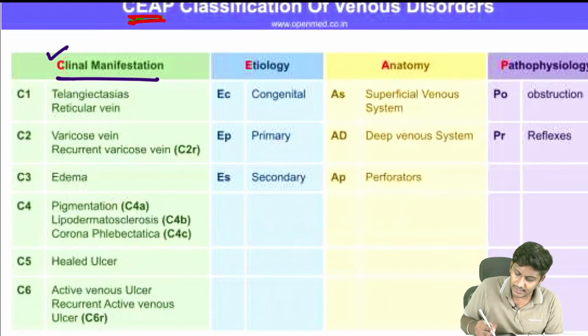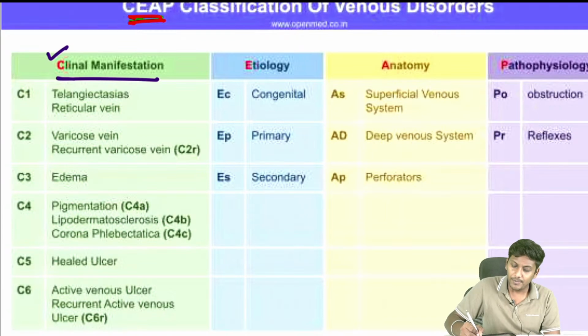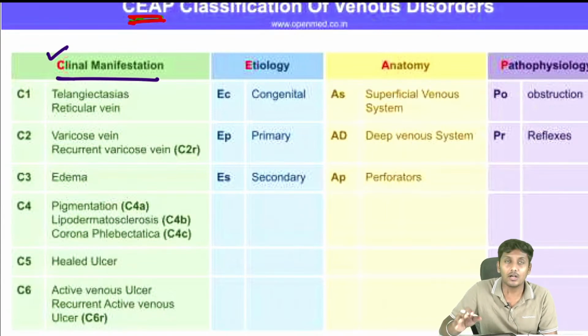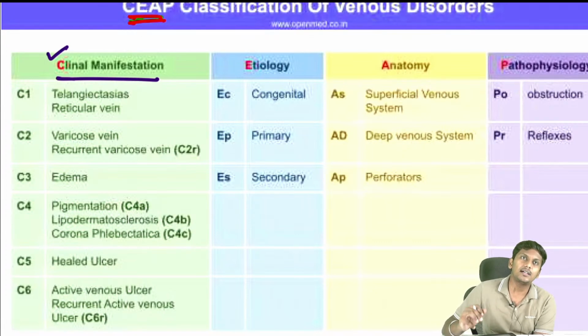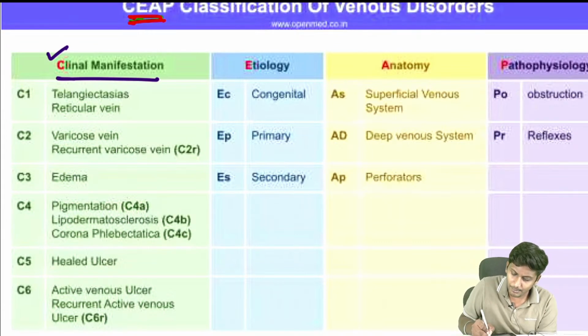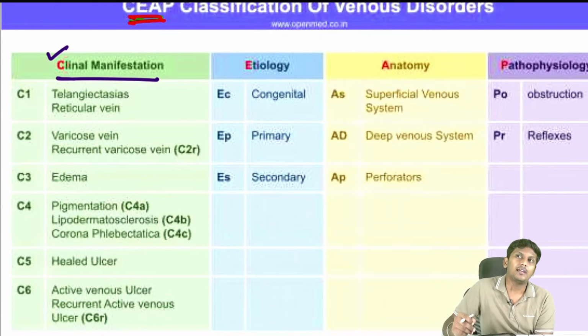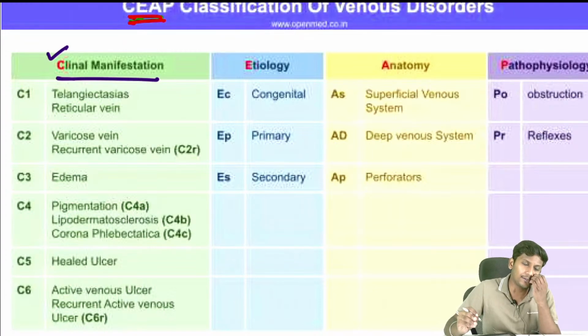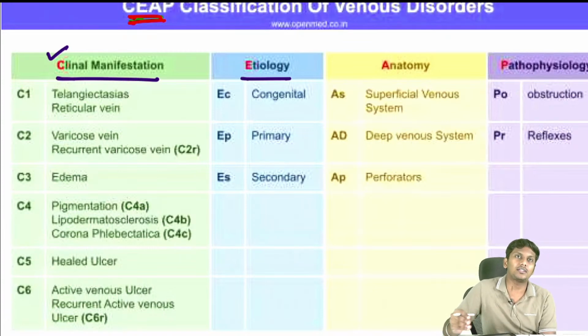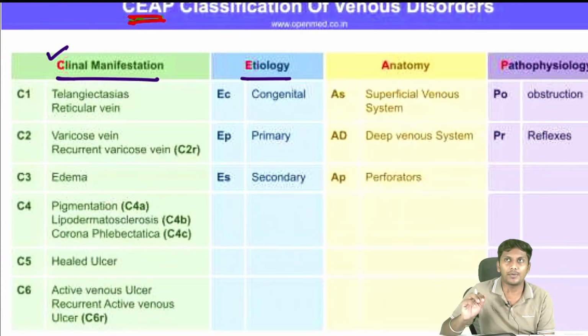Next, E stands for etiological classification, based on the cause of the patient's varicose veins. A stands for anatomy, that means which veins are involved, where the patient is having varicosities. Depending on that, it is called an anatomical classification.